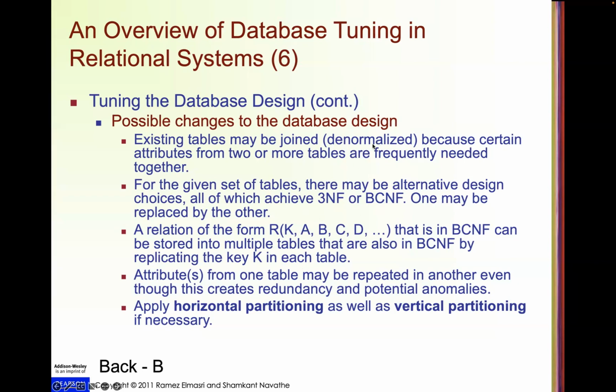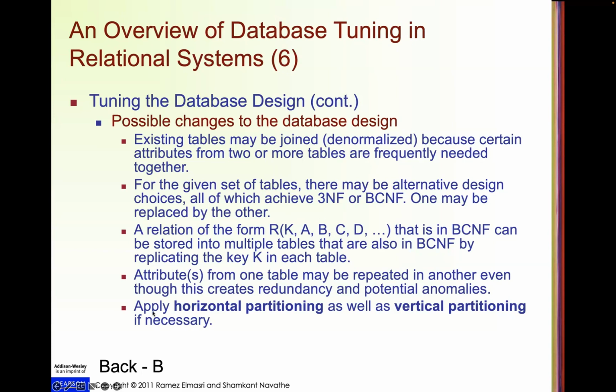If you think denormalizing is helping you tune the database, go for it. If you think changing the normal form levels is going to help you tune the database, go for this. If you think that in BCNF, creating multiple tables will tune the performance better, then go for this one.